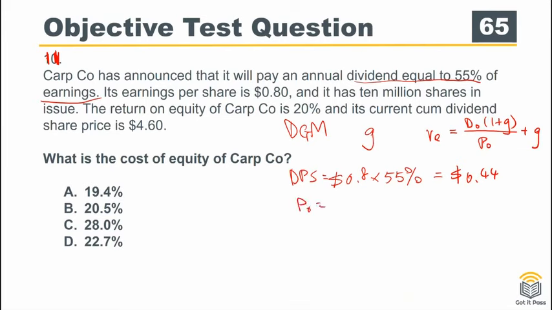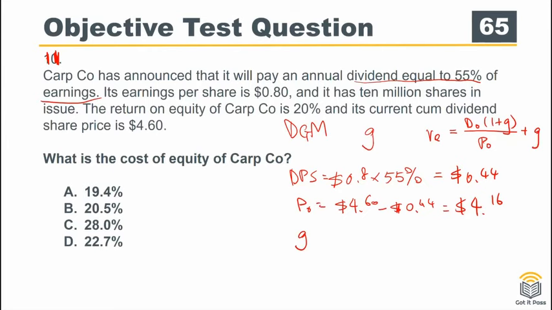It is the share price of $4.60 minus 44 cents. Okay, which is 4.6 minus 0.44 is $4.16. So step by step, we show, next step is the G.